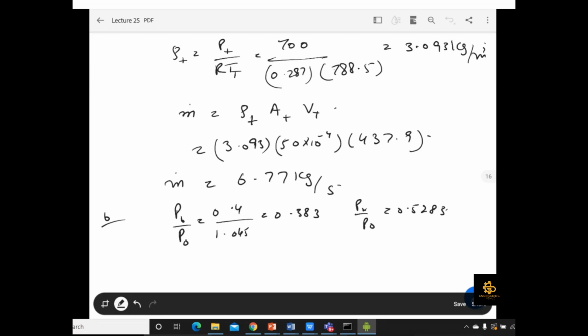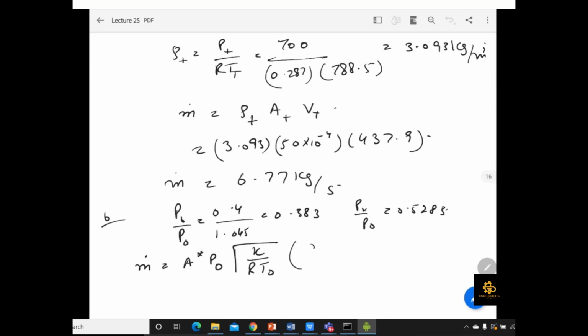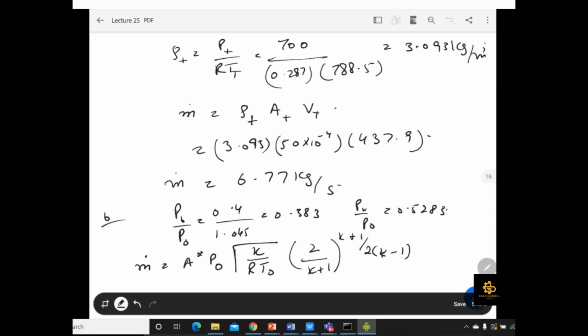And when there is a maximum flow rate, we can simply apply the mass flow rate equation which we already derived in the previous slide for Mach number 1. So here we can simply say m dot equals A star P naught times the square root of k over R T naught, times (2 over k plus 1) raised to the power (k plus 1) over 2(k minus 1). Okay, so this is the equation for the sonic flow.